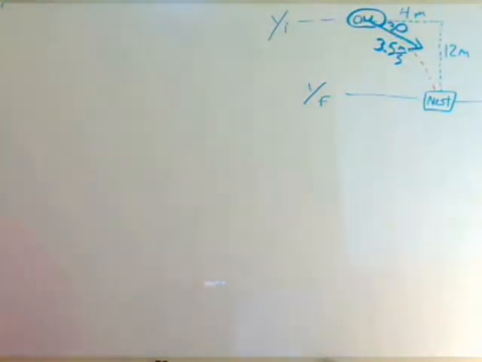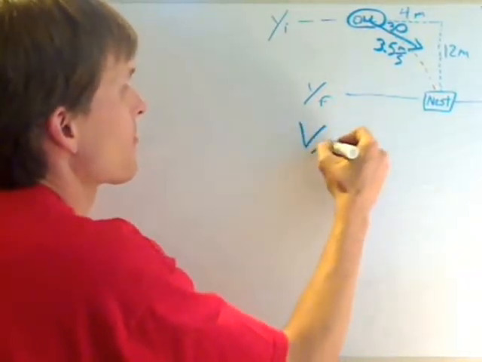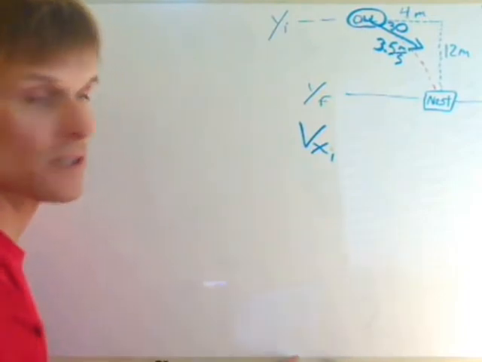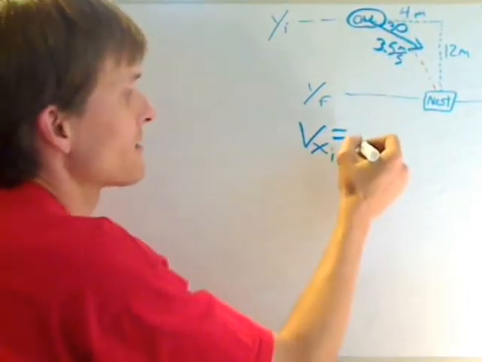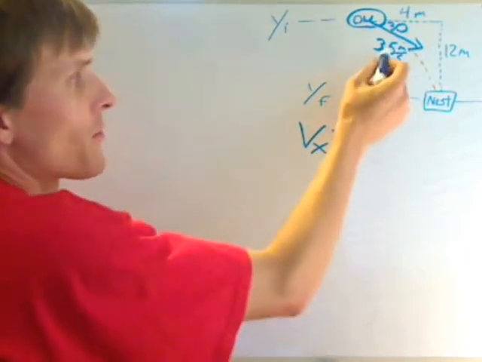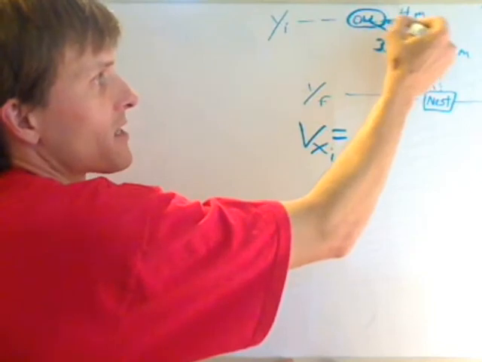Okay? So the x component of the mouse's velocity is, remember, the velocity times the cosine. When you're dealing with the x component here, we want to know what this length is of this vector.